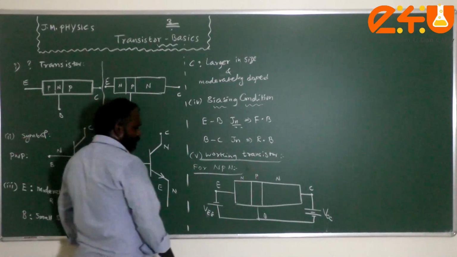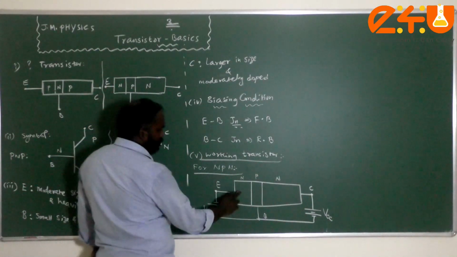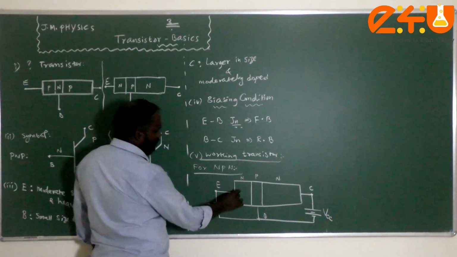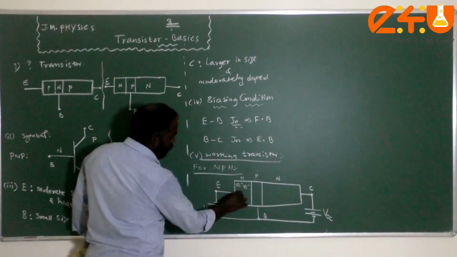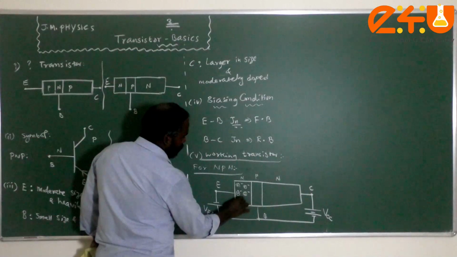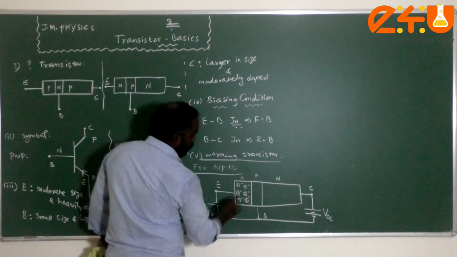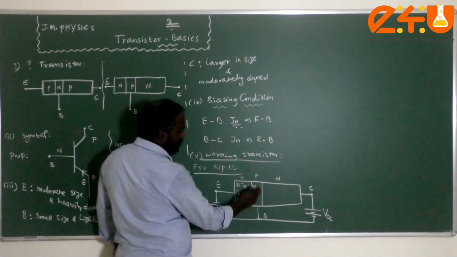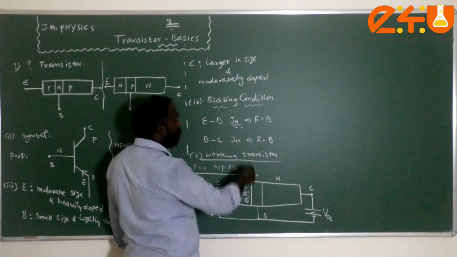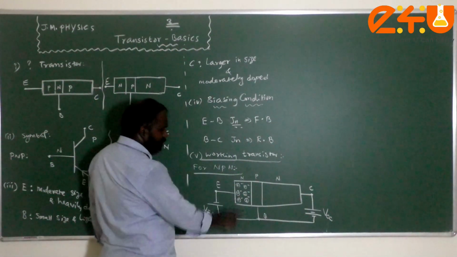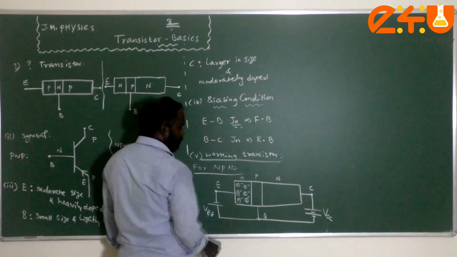Now you see the representation of N type material, which you have already studied. It will be like this. The base layer is P type material, which is lightly doped to reduce recombination when the majority carriers cross this region.